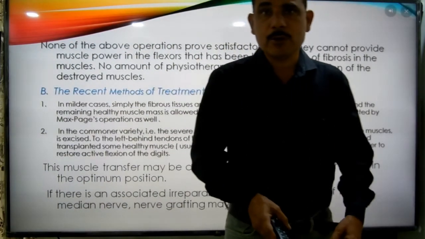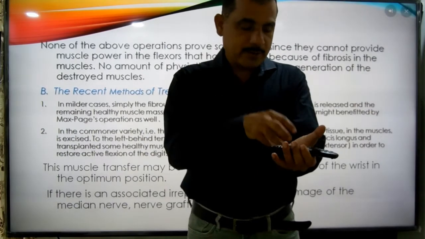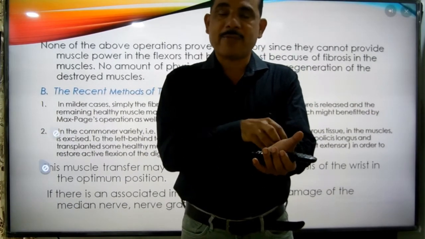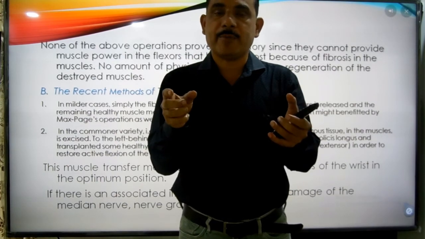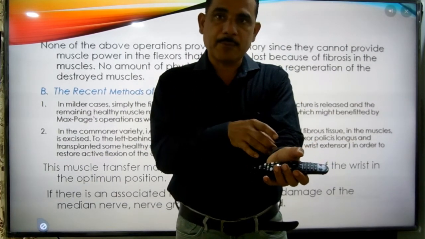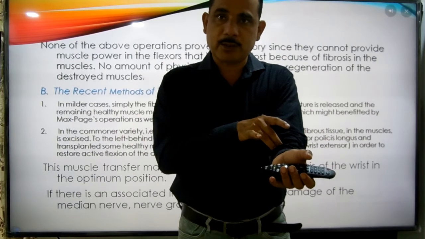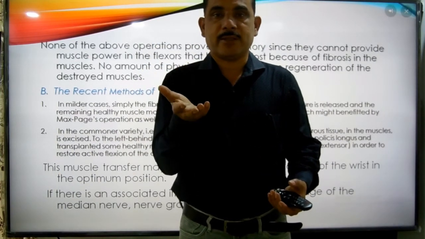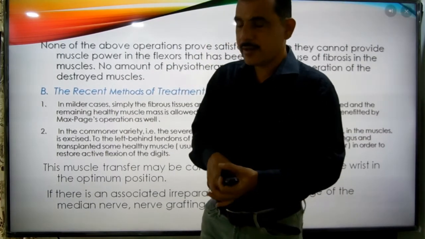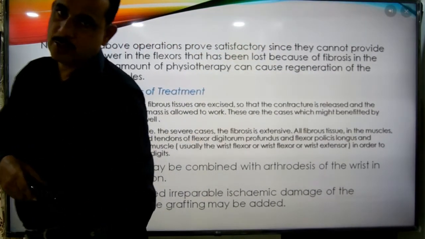The second method is what? The whole mass along with the muscle fibers which has become fibrous should be removed. Only the tendon should be kept. And the gap between the tendon and the remaining part of the muscle should be filled up by transplantation of muscles, either from the flexors or the extensors, isn't it? So this is a recent one.